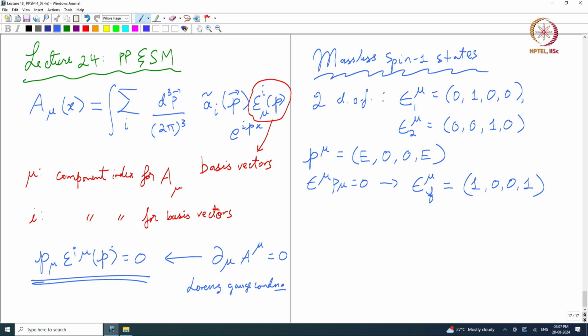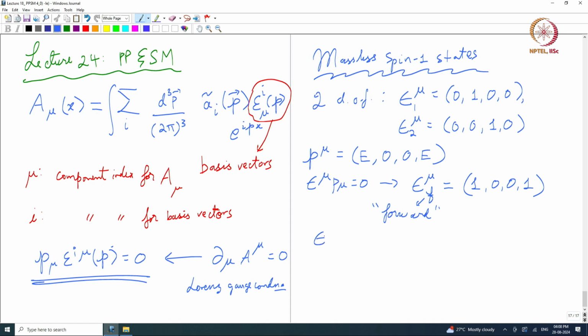So, why do not I write this? This f stands for forward, it is called the forward polarization for obvious reasons, it is not a longitudinal one, it is a forward one in this case, because you have it in the z direction also. Why can't I write this? The reason is that there is another condition, the normalization condition.